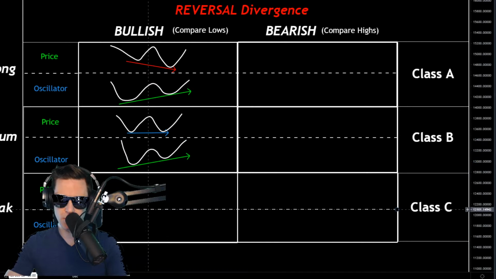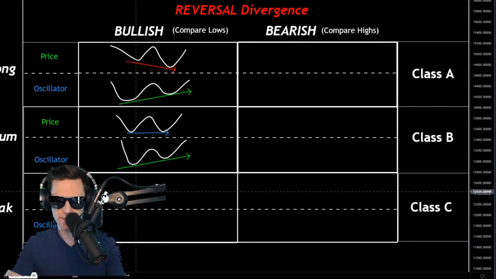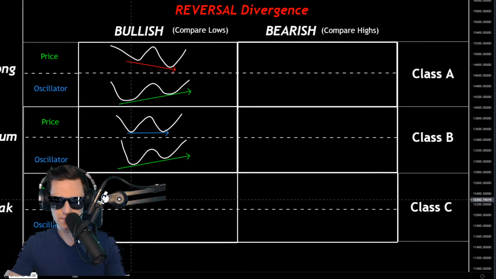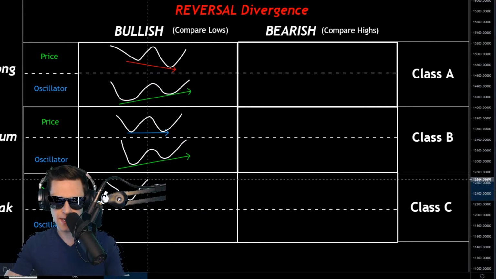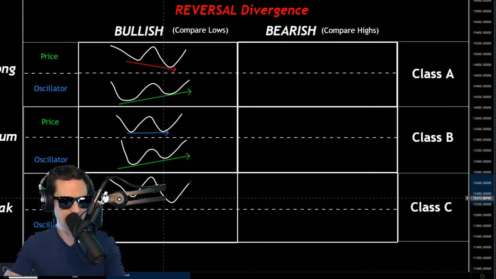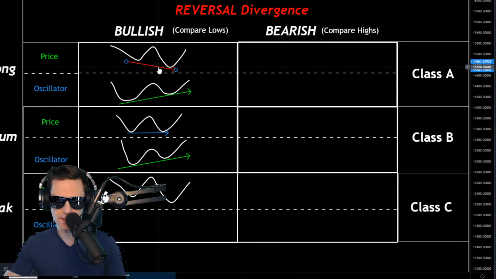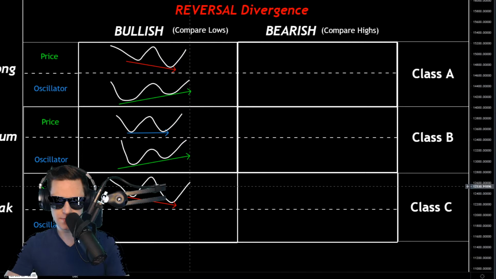For the weak bullish reversal divergence, of course, same thing. We're looking at the lows. So price is putting in a low, rally, lower low, and then reversal, hopefully. And because these lows are consecutive lower lows, we're going to take this red arrow.